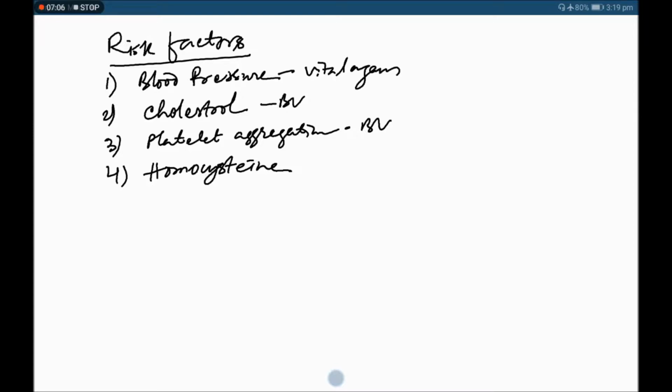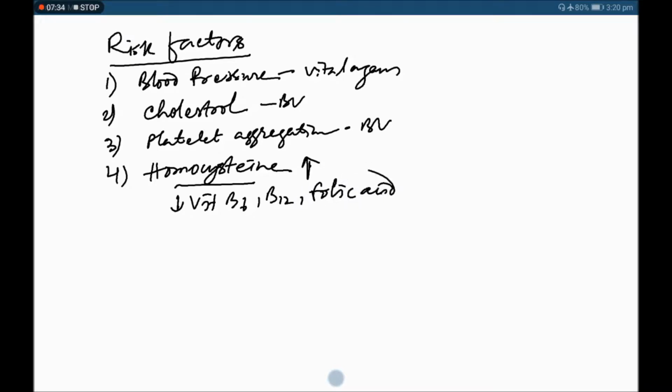High levels of homocysteine are associated with cardiovascular diseases. If homocysteine is high, there will be decreased vitamin B6, B12, and folic acid.